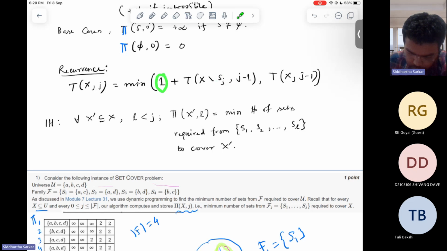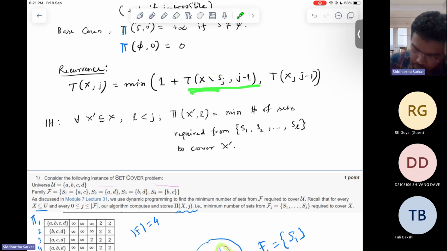One subset is taken. That is why we have one plus, because we have taken Sj. Now we intend to cover the remaining elements, that is X minus Sj, with subsets S1 through Sj minus 1. Therefore, this entry plus 1 will be our estimate if we pick Sj.